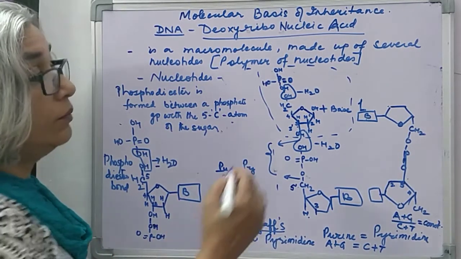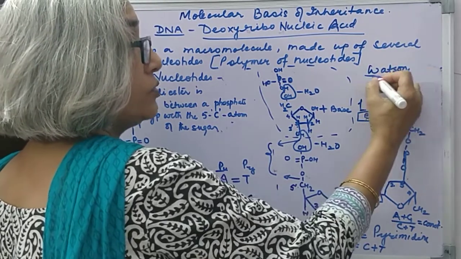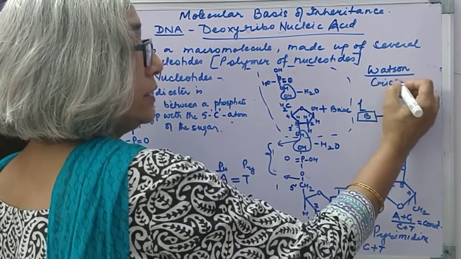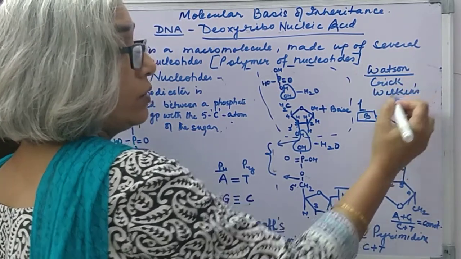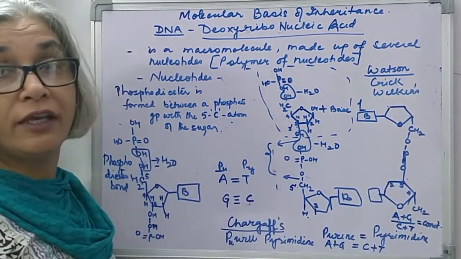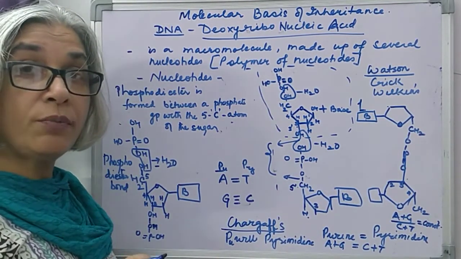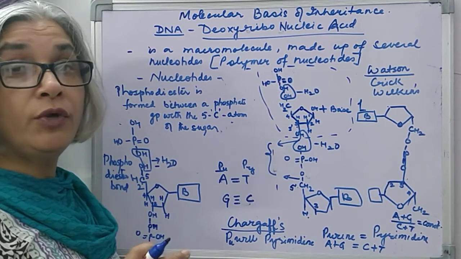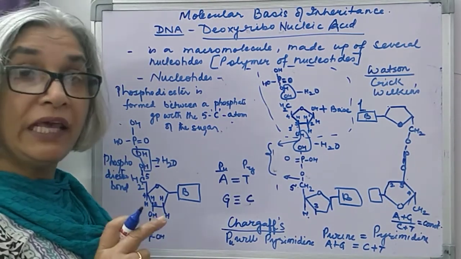The model for the structure of DNA was proposed by Watson, Crick and Wilkins, and it's called the Watson and Crick model of DNA, which says DNA is composed of two polynucleotide chains forming a double helix.